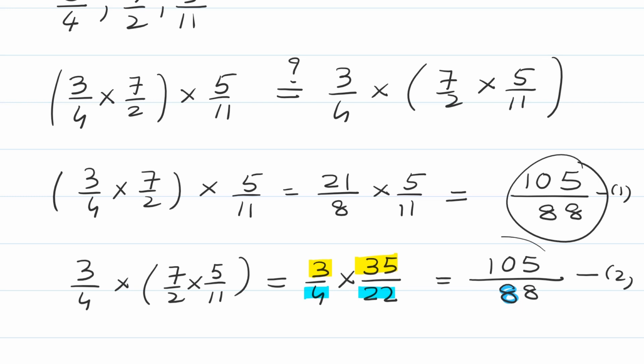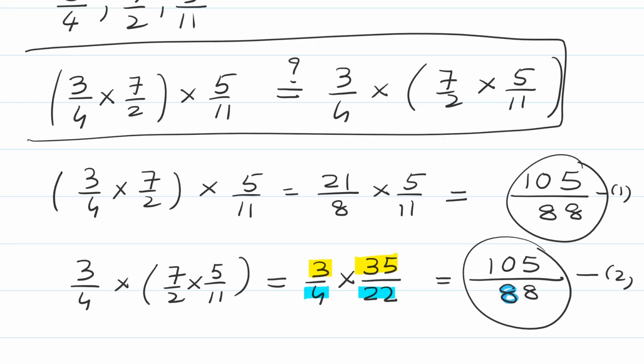Compare. LHS is equal to RHS. So this is the verification of the associative property of product of rational numbers.